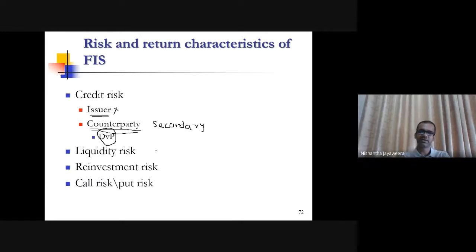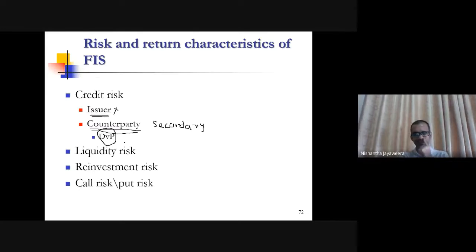If the seller has delivered the security, but the buyer has not delivered the required funds, then the ownership of the securities will not transfer to the buyer. It will remain with the seller. That is DVP. You deliver before you get the payment, or you deliver the payment before you get the delivery of the bond. That is the mechanism.